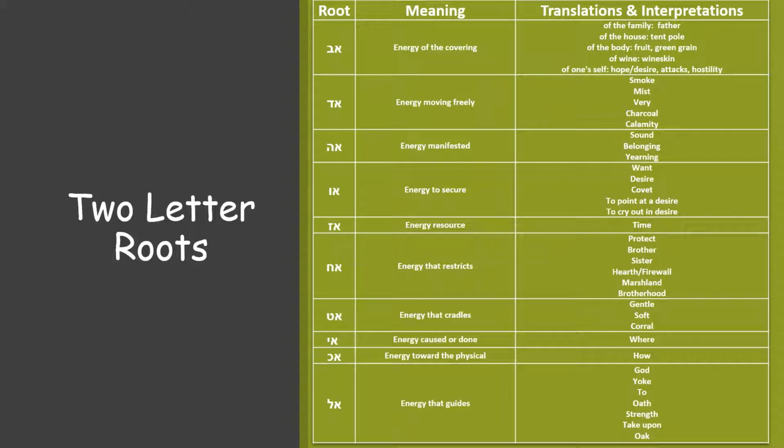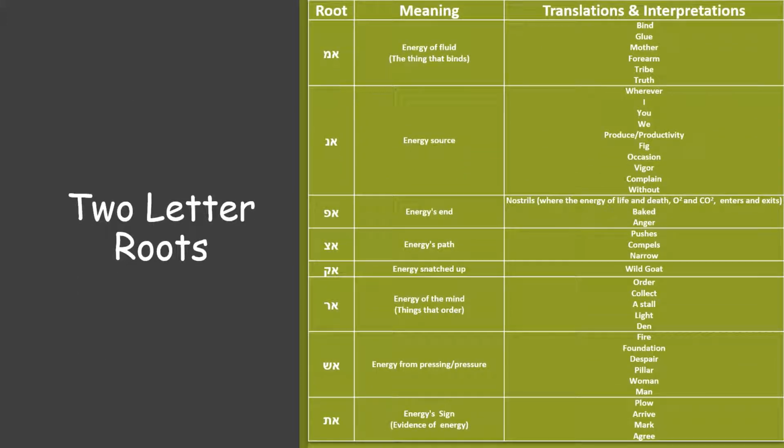Aleph Kaf is energy toward the physical, which is how. And Aleph Lamed is energy that guides, which is God, yoke, to, oath, strength, take upon, oak, rump. We also have Aleph Mem, energy of fluid. That is things that bind itself, glue, the mother, the forearm, the tribe, and the truth.